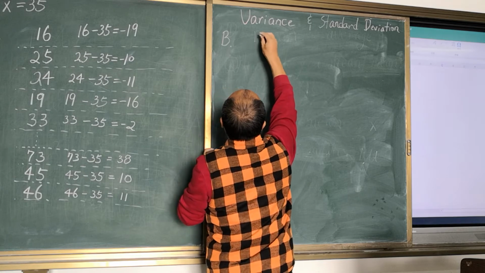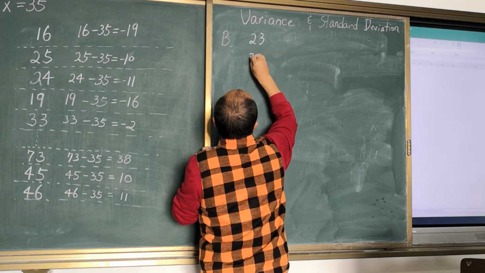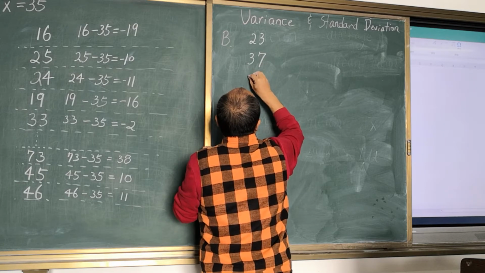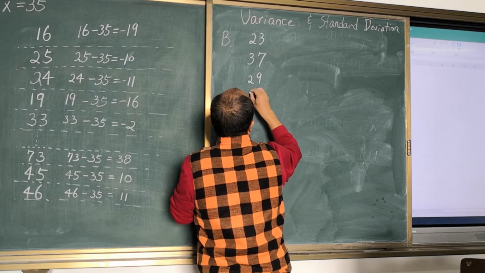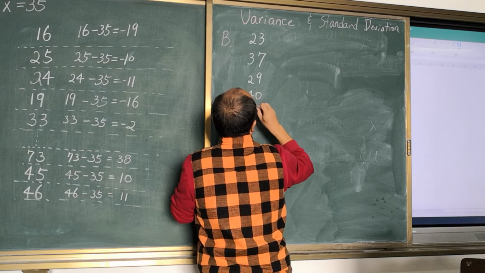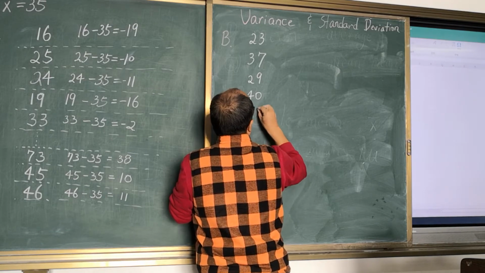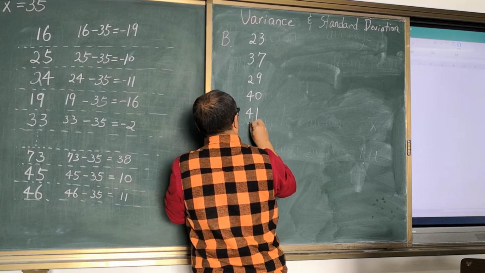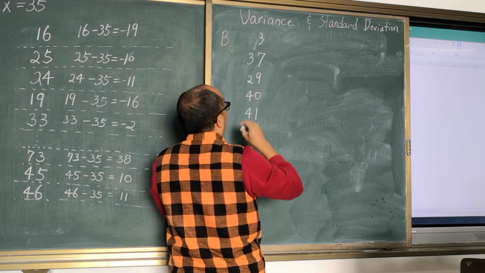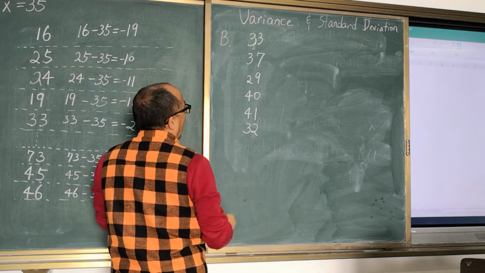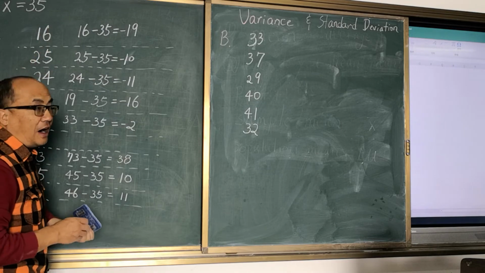Let's say his numbers are 23, 37, 29, 40, 32.